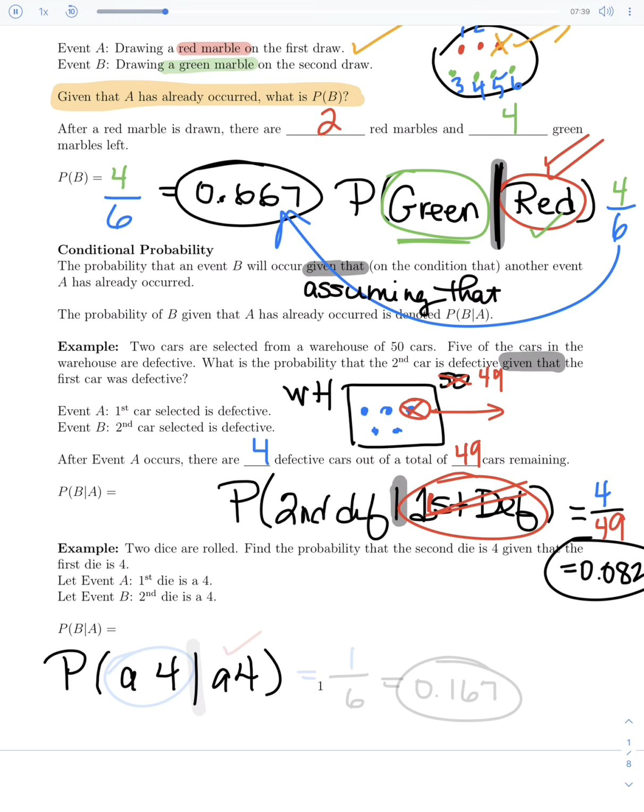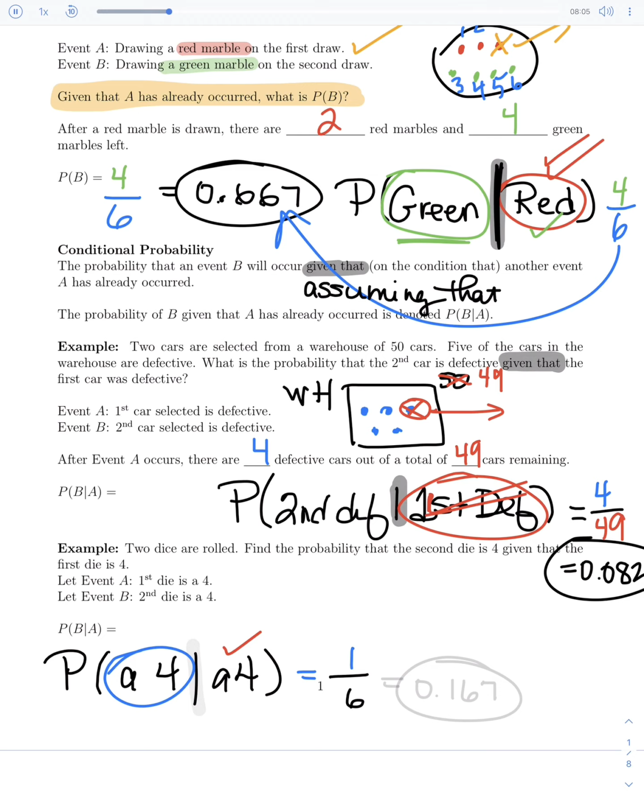Well, the problem with a die is, okay, I rolled a 4 on the first die. That doesn't actually change anything for the second die, or even if we had used the same die all over again. The reason why is your die doesn't change. There's still only 1 4 on your die, and there's still 6 options on your die. That doesn't change.